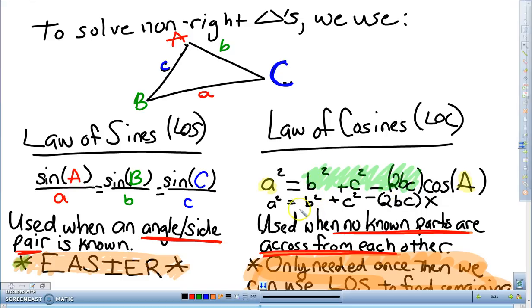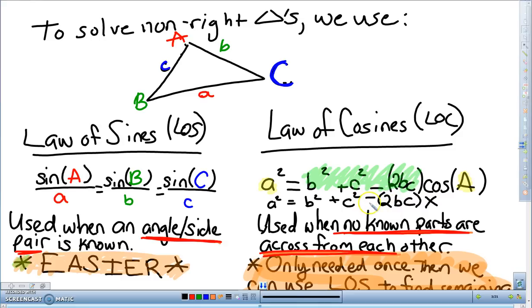Just another quick thing before we start solving triangles: I want us to be careful with our algebra, because it's really easy to get stuck with algebra on law of cosines. Whenever we're solving, remember to think of cosine of an angle as a number. So we've got a squared equals b squared plus c squared minus a number times another number.